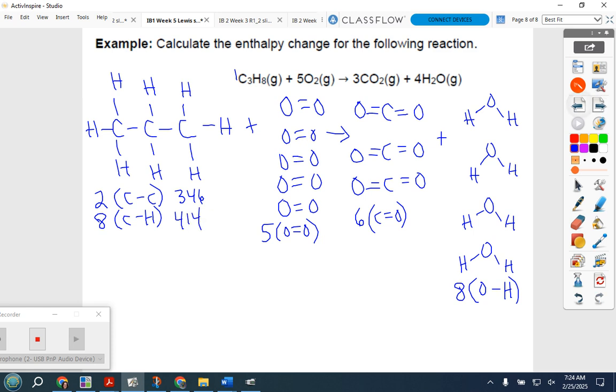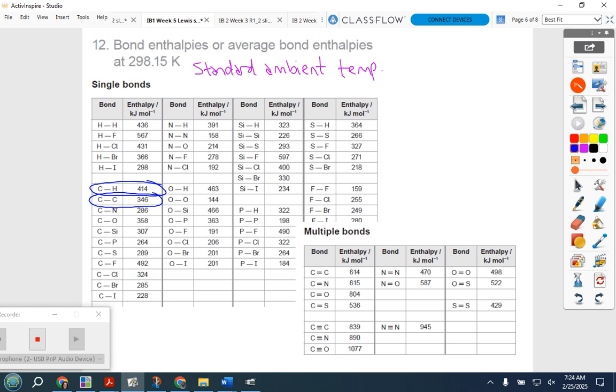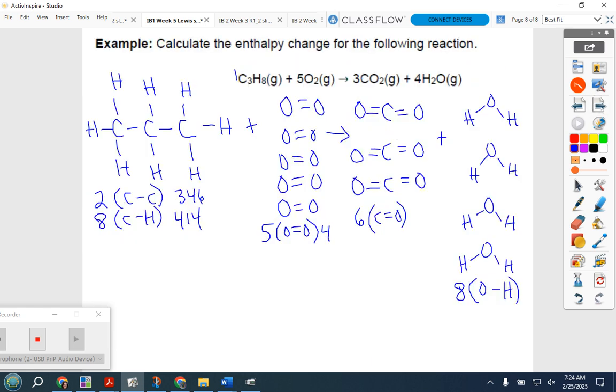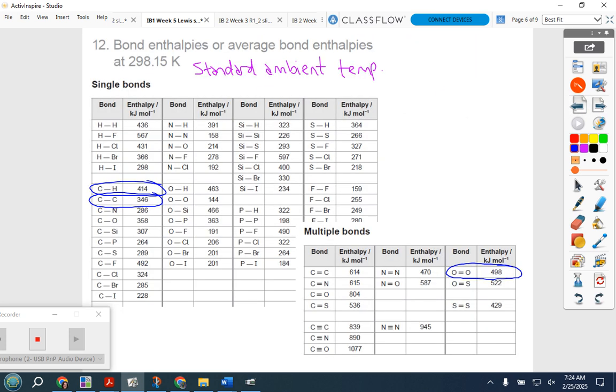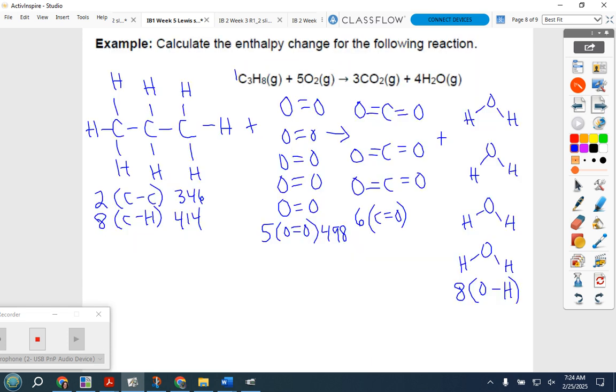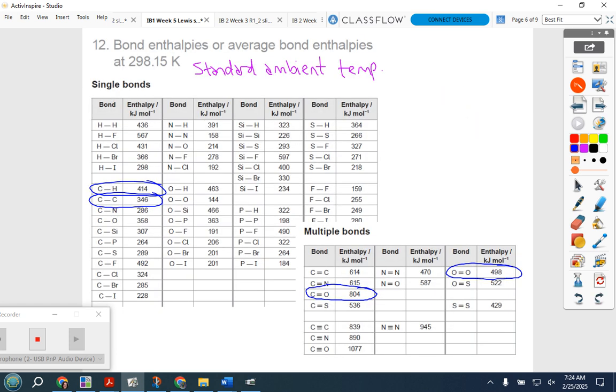Our oxygen-oxygen double bond. Remember, the multiple bonds are below. So here is our oxygen-oxygen double bond, 498. Okay. And our carbon-oxygen double bond, also going to be down here. Here it is at 804. Not surprising that the double bonds tend to be a little bit higher. It makes sense that it would take more energy to break those. And then finally, our oxygen-hydrogen bond here at 463.